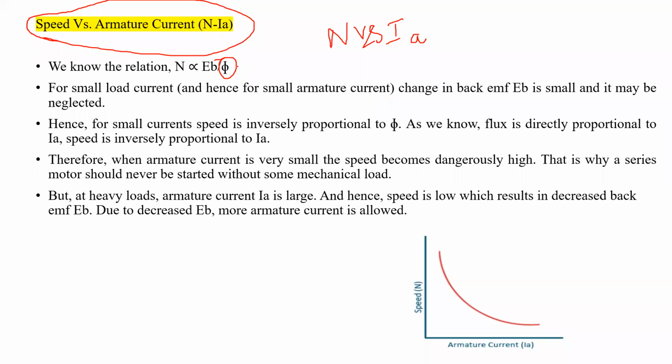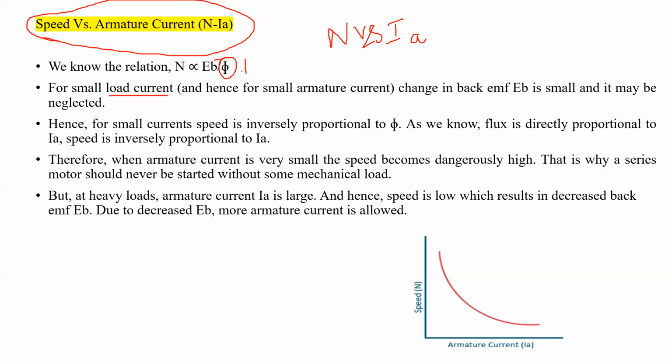Here the flux is directly proportional to the field current and armature current. But we are going to neglect the armature current here, because light load means it is taking very small armature current. So we are only going to consider the field current. Field current is directly proportional to flux.